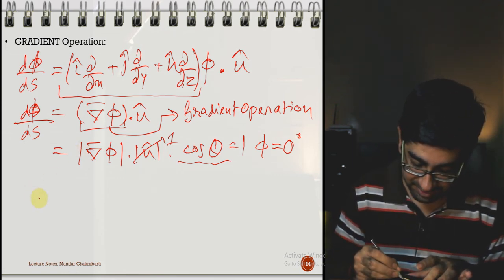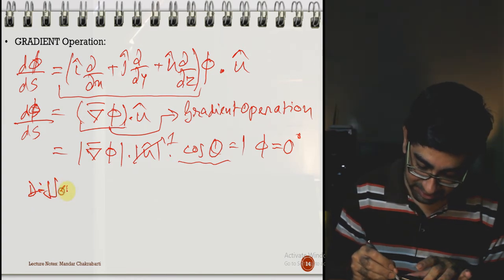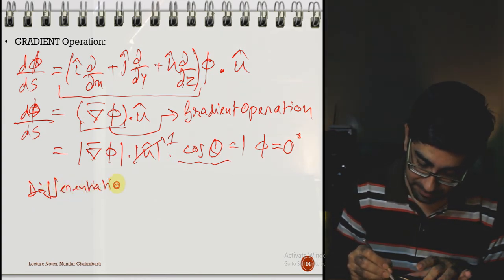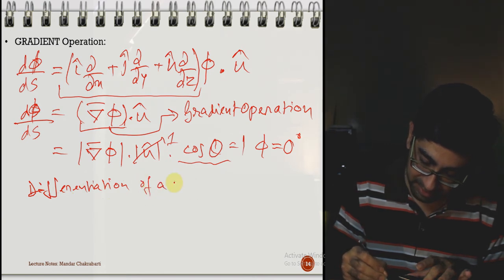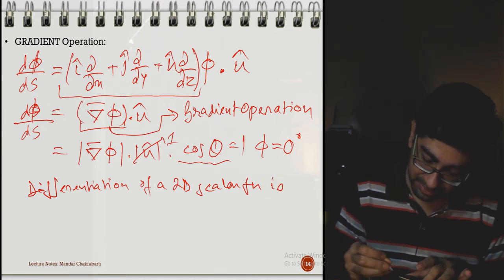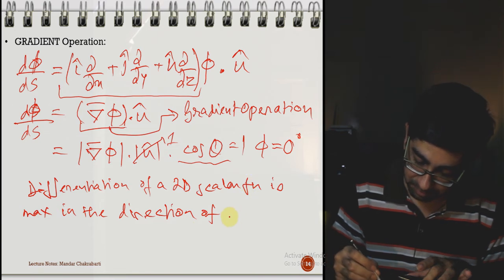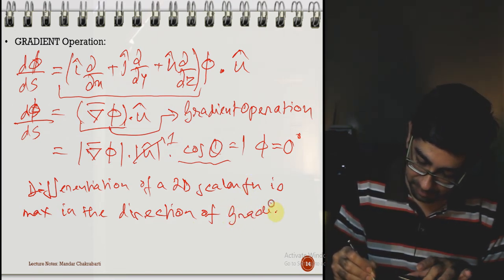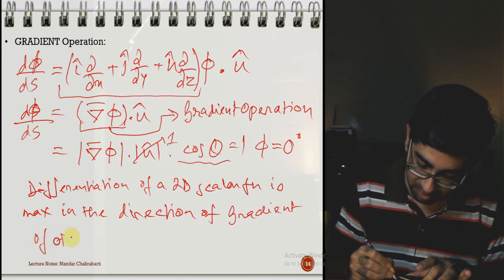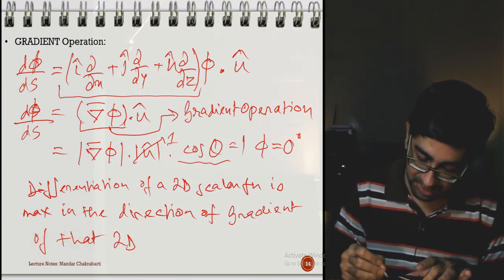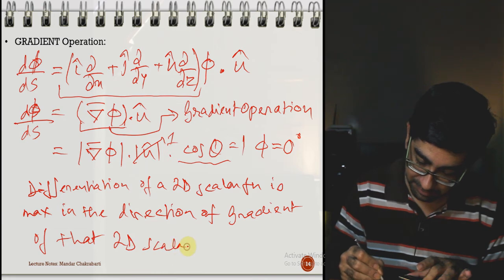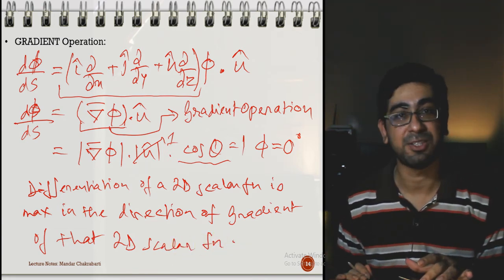So, I will write that the differentiation of a two-dimensional scalar function is maximum in the direction of the gradient of that scalar function.